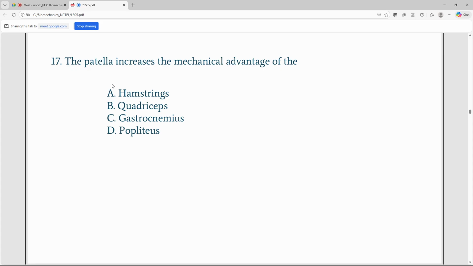Next question. The patella increases the mechanical advantage of which of the following muscle groups? Options are option A, hamstrings, option B, quadriceps, option C, gastrocnemius, option D, popliteus.